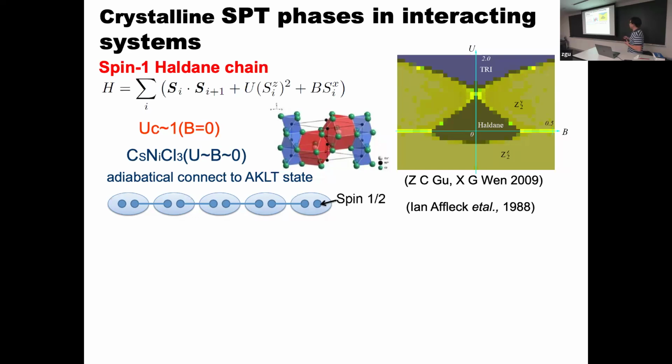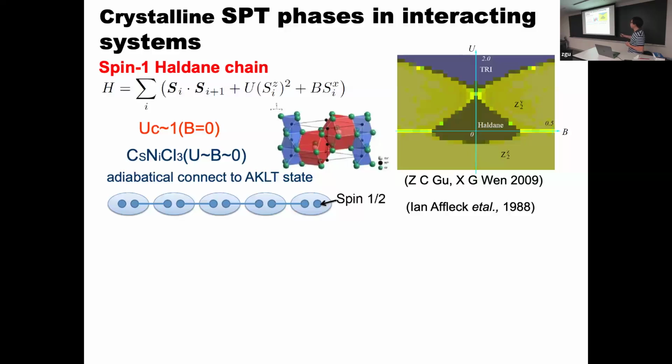But usually we just refer to it as SPT protected by a certain internal symmetry like time reversal or spin rotation. So we talk about symmetry fractionalization, like spin-1/2 degrees of freedom on the edge.